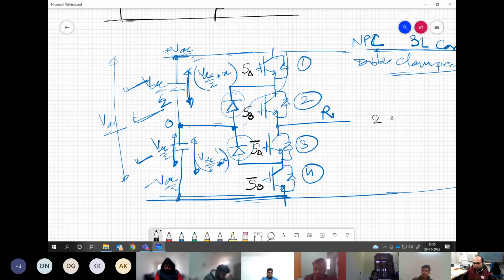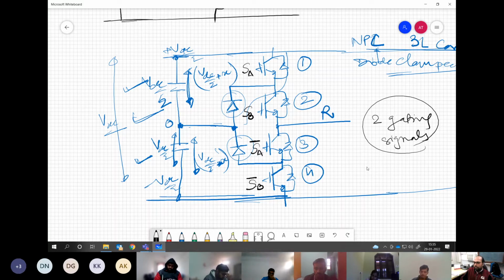So only using 2 gating signals, you can operate this entire converter. The other is only the inverted form of the previous one. Of course, the other things which you know from your previous course, like dead time and all these things, have to be there. But more or less, these are related in this manner.